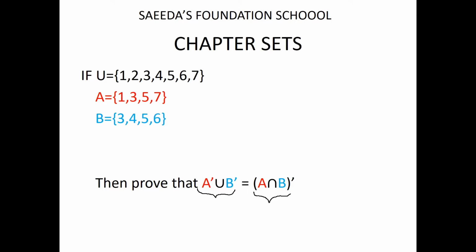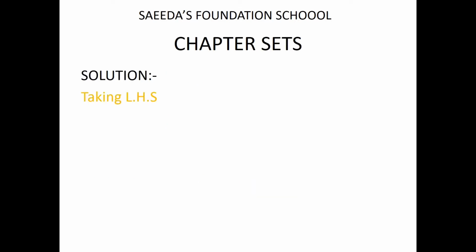Let's start solving. Taking the left hand side first, A complement union B complement. We are going to find out A complement and B complement separately first and then take the union of both.